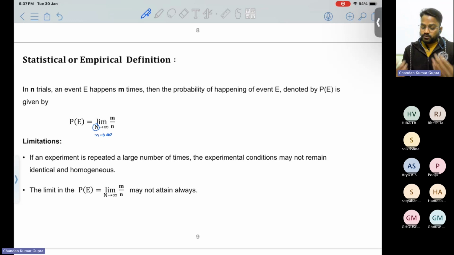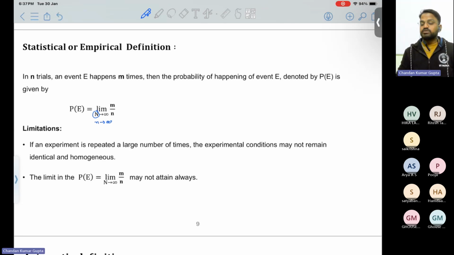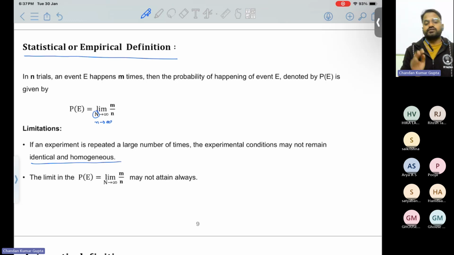So the probability of event E is defined as the limit of the ratio of favorable cases to total cases. Now it also has some limitations. First, the limit may not always be attained. Second, if an experiment is repeated a large number of times, the experimental conditions may not remain identical and homogeneous, but in this definition the situation must be identical throughout the experiment.